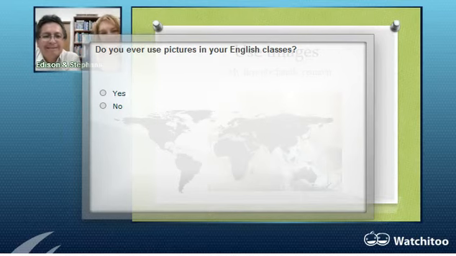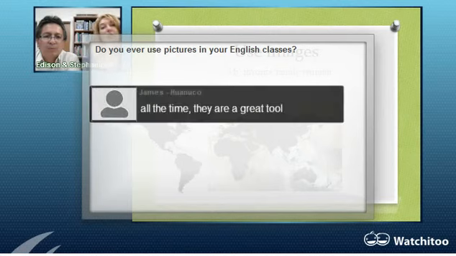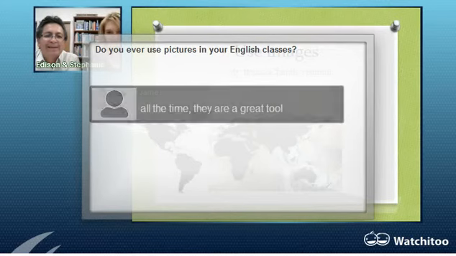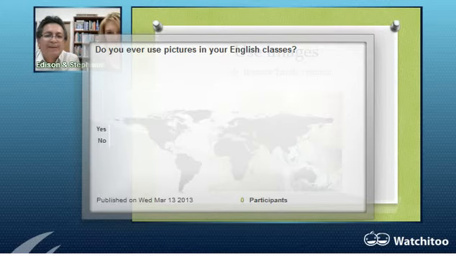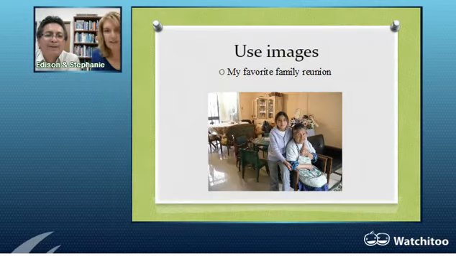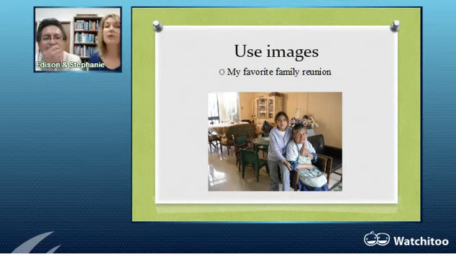I'm guessing that most people do, and it looks like that is the answer. So yes, it looks like most people do use pictures occasionally, all the time, they're great. So most people use pictures. We're going to go ahead and stop this. Great.